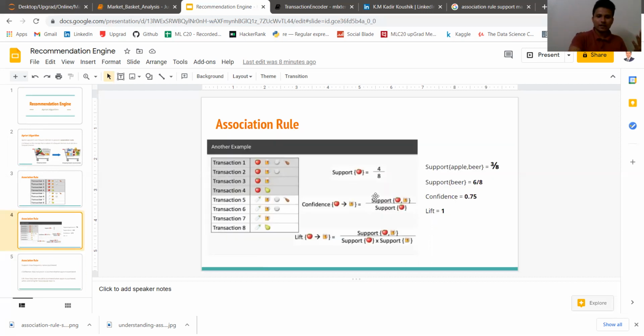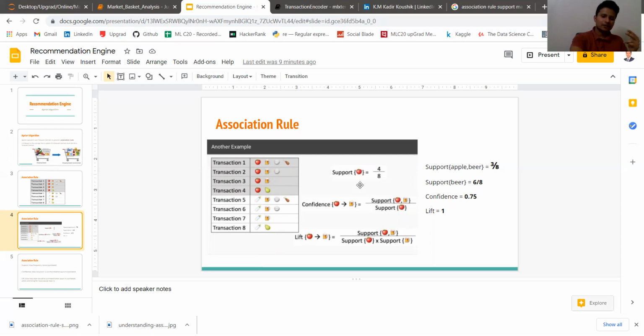Given apple is purchased, how likely will beer be purchased? Support for apple and beer, we know, is 3 by 8, divided by support of apple. So here we are finding the confidence value 0.75.